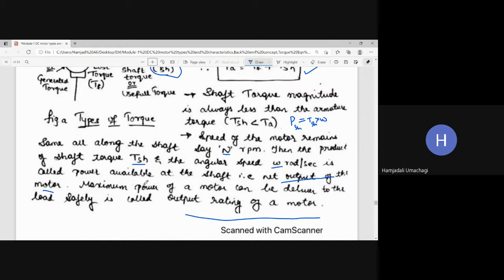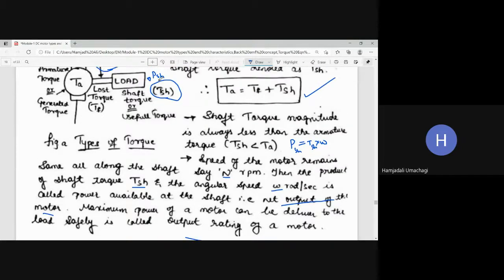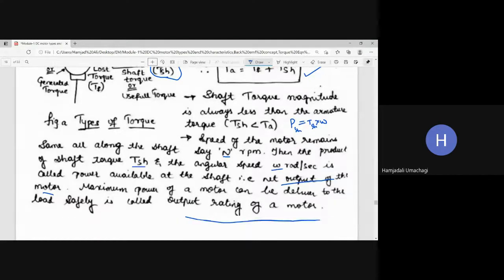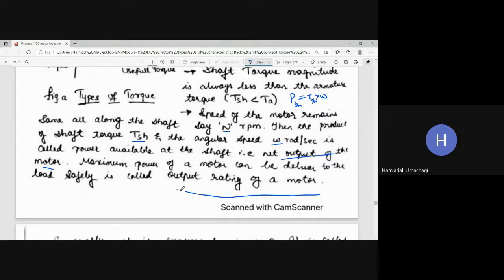So the maximum power a motor can deliver to the load safely is called the output rating of a motor. How much PSH it is safely delivering to the connected load, that safe power, is the output rating of the machine.